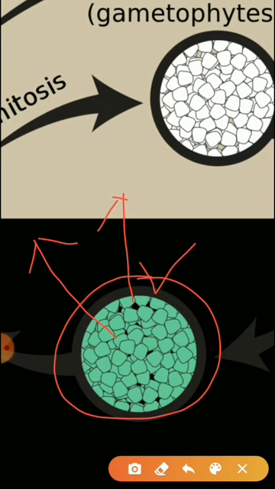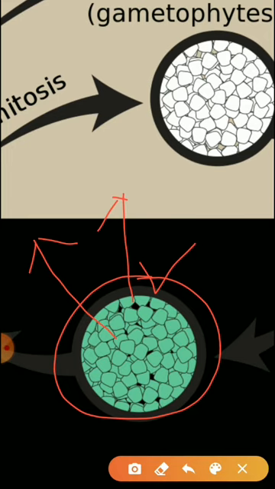The organisms like algae, fungi, bryophytes, pteridophytes and protozoans. In these organisms we can see sporulation or spore formation.